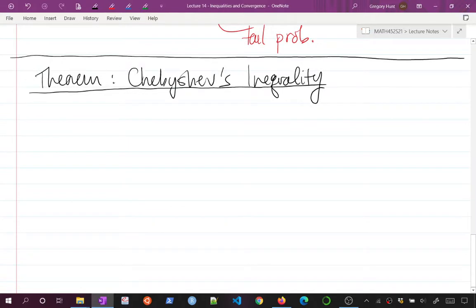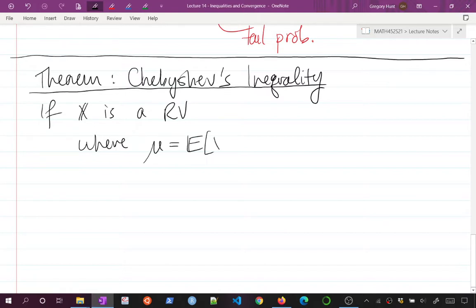Anyways, so Chebyshev's inequality says that if I have a random variable X, and I'm not going to say it's necessarily a positive random variable, which is interesting because I've said this is kind of a special case of Markov's. And let's say that the mean of X is called mu, and the variance of X is called sigma squared.